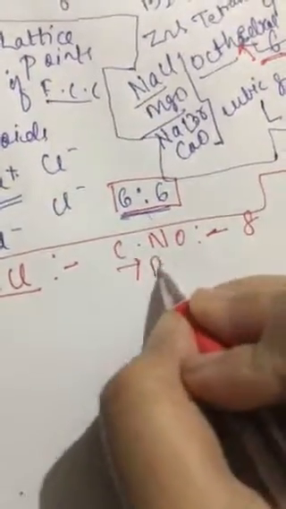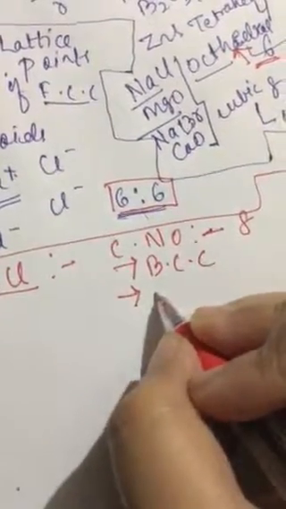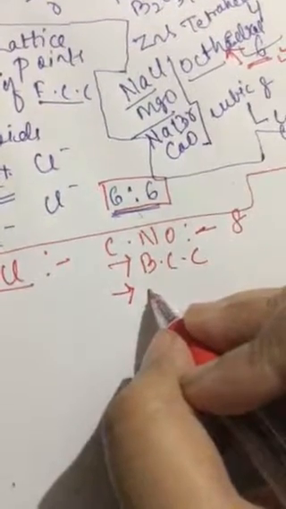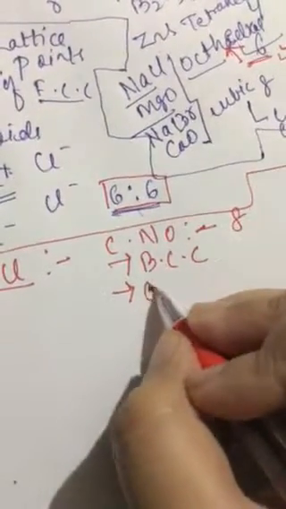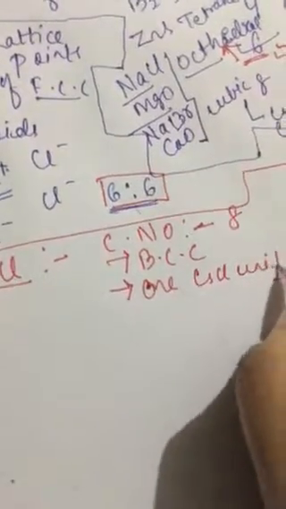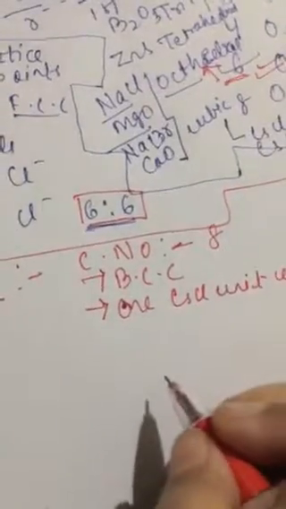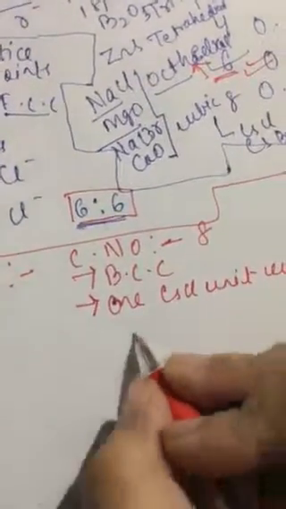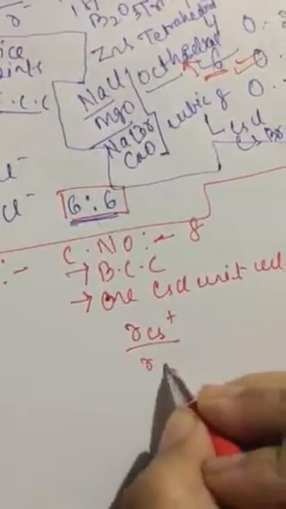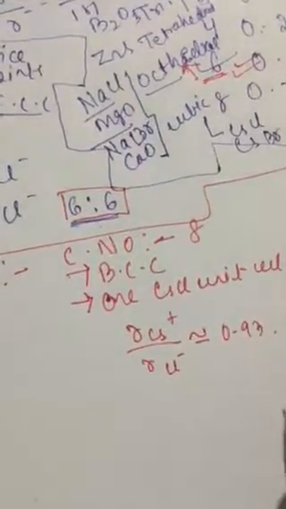BCC arrangement, coordination number is 8, and the unit cell consists of only one CsCl. The radius ratio, r Cs plus by r Cl minus, is around 0.93.